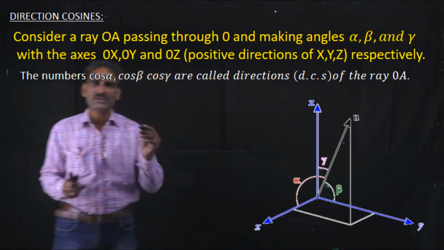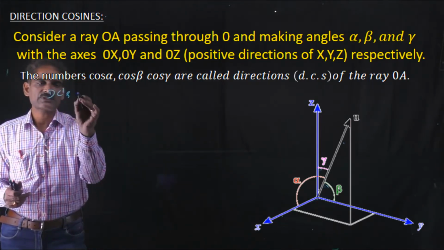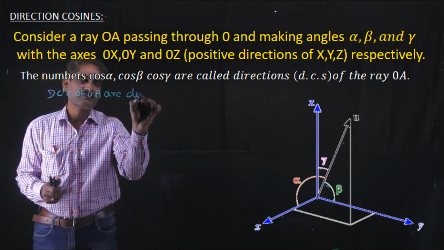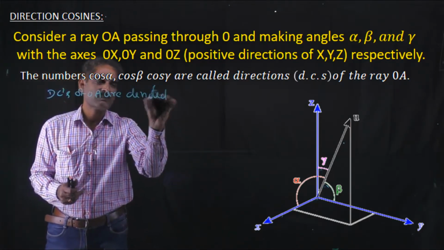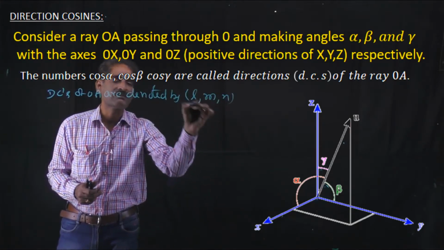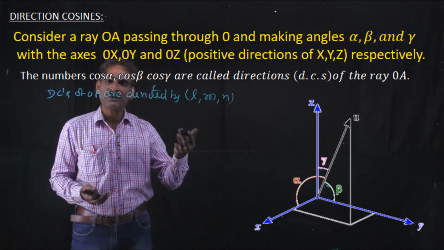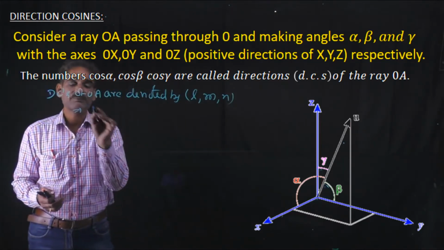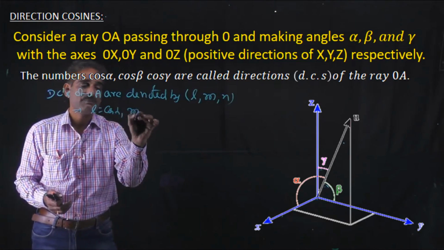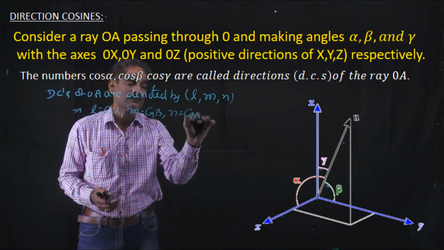Generally the DCs of OA are denoted by small letters l, m, n. That means l is equal to cos alpha, m is equal to cos beta, and n is equal to cos gamma.